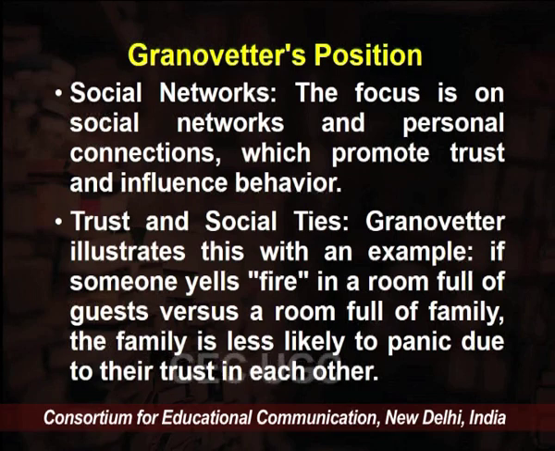The second argument is about understanding the relationship between the economy and society from a social network perspective. This perspective would focus on social networks and personal connections which promote trust and influence behavior.